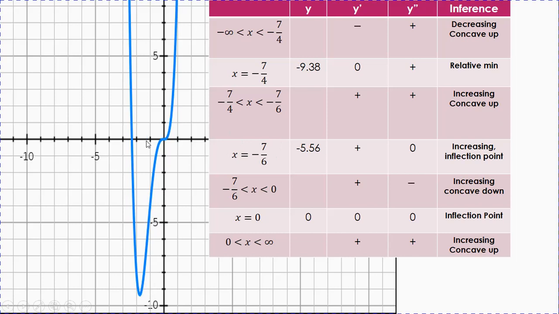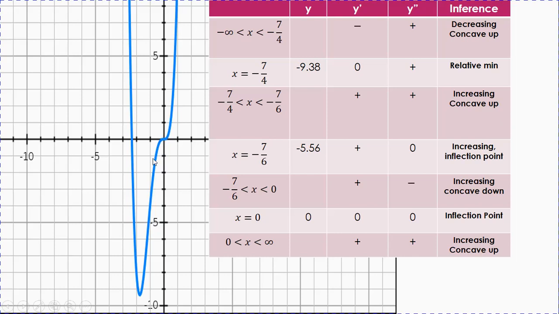and its corresponding y is negative 5.56 around here. So from here, although the graph is still increasing, we have an inflection point here, because at this point we have the second derivative as 0, and we can see that although it's increasing, it's actually going concave down up until point 0.